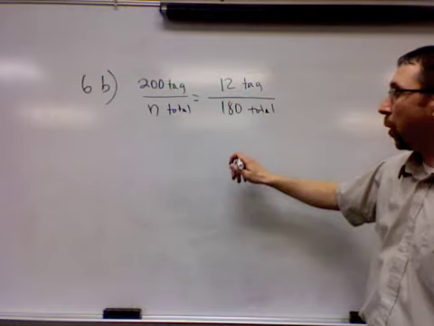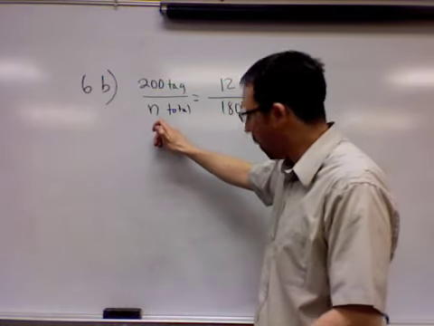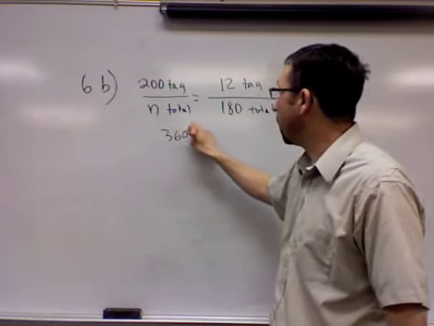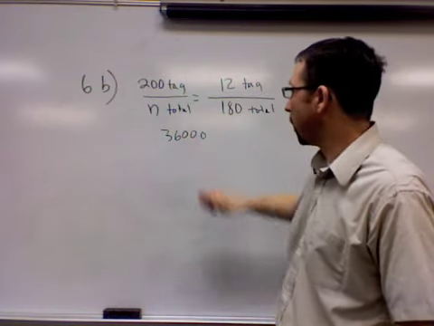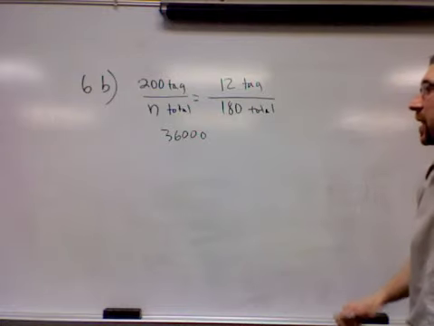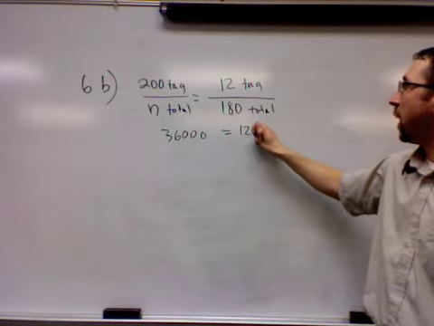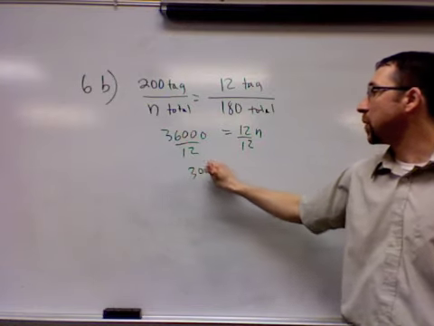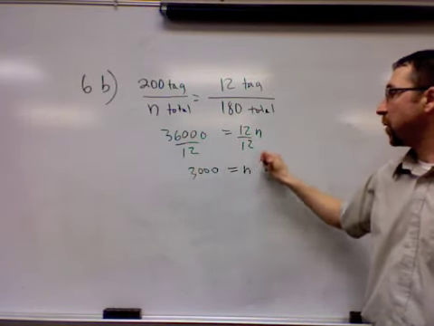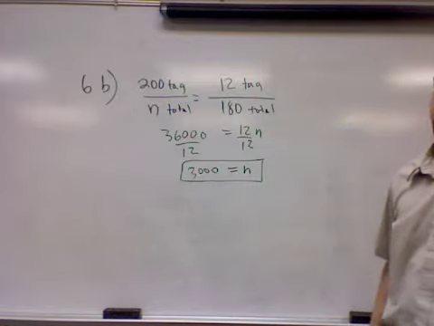With a little cross multiplying, you end up getting 36,000 equals 12n, and dividing by 12 gives you 3,000 birds possibly in total on the island.